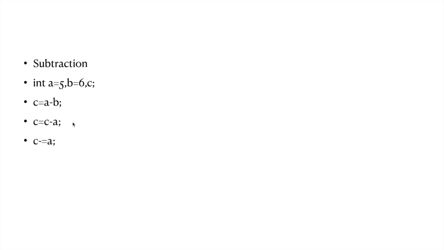The other is the augmented assignment of subtraction, where we subtract a from c and assign it back to c. So this one and this one are similar statements, with similar outcomes.